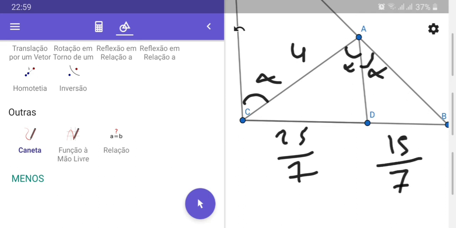Remember how we found it? It was by the relations. We used the proportionality, the bisector theorem, that we proved using Thales theorem. If you sum both of these, it will be 5, and this part over here was 3.